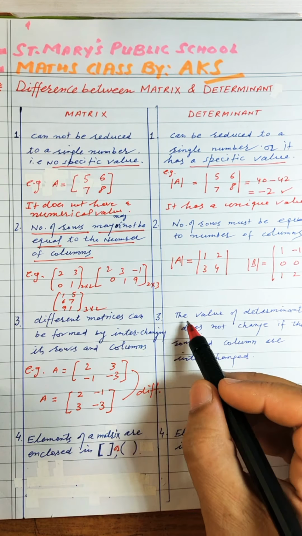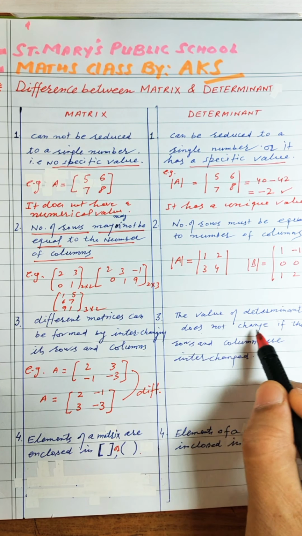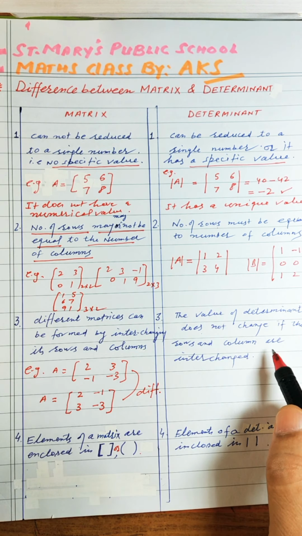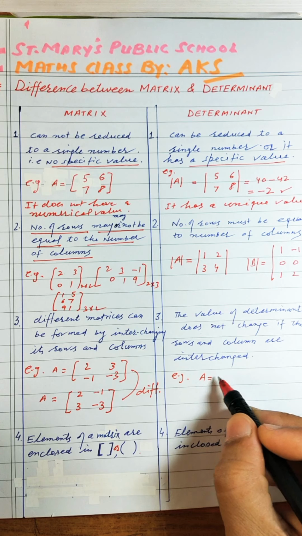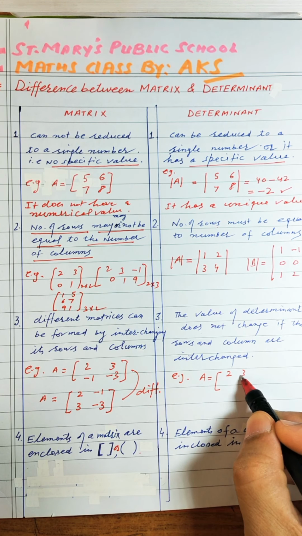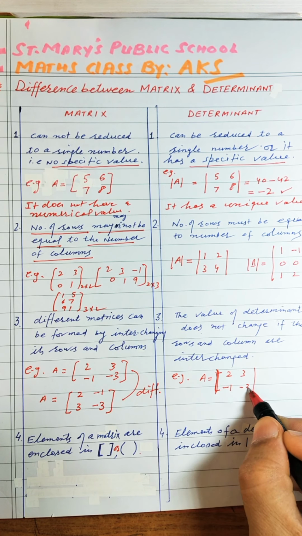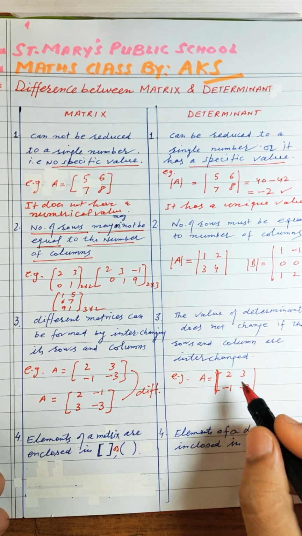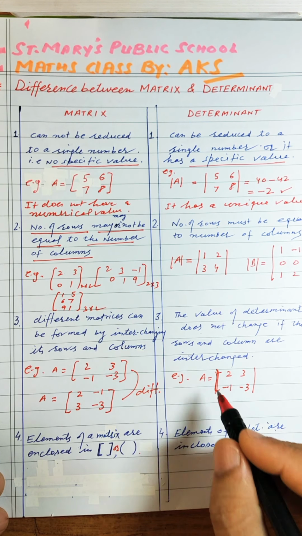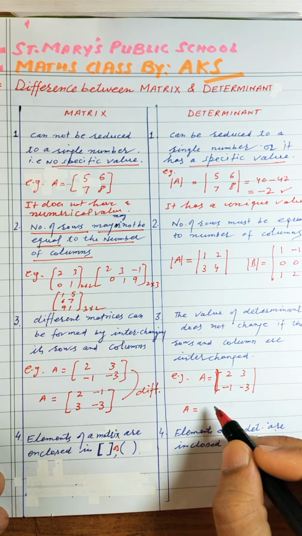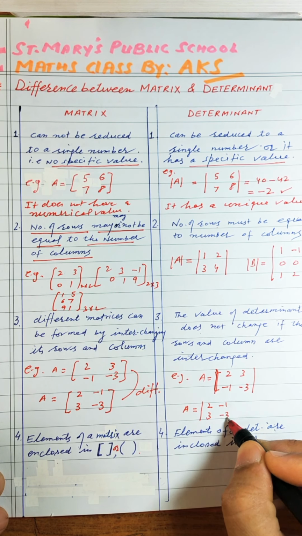Okay. Third point for the determinant: the value of a determinant does not change if the rows and columns are interchanged. For example, if we take a determinant |2 3; -1 -3| and interchange rows and columns, the new determinant would be |2 -1; 3 -3|.